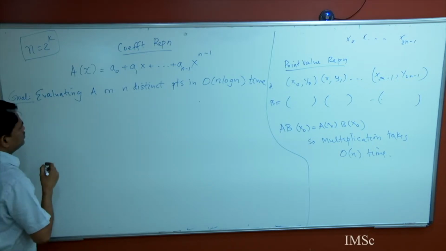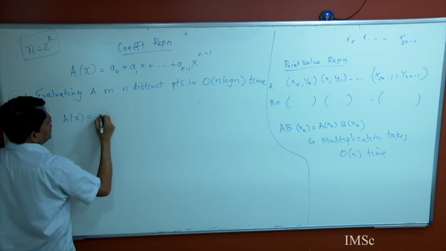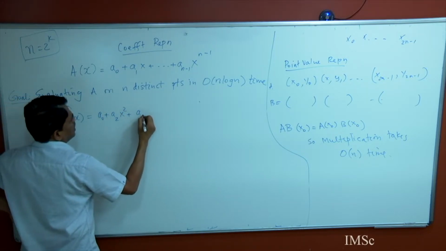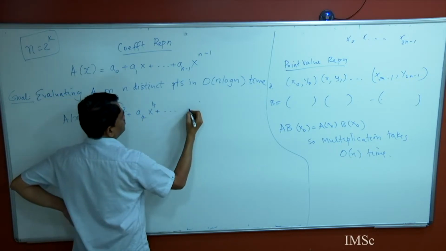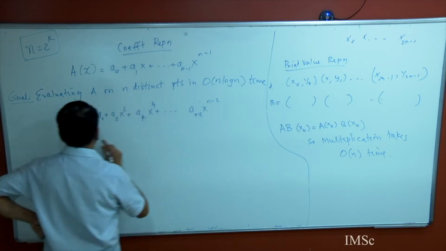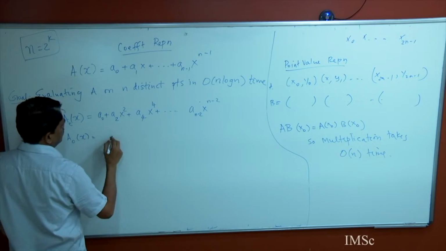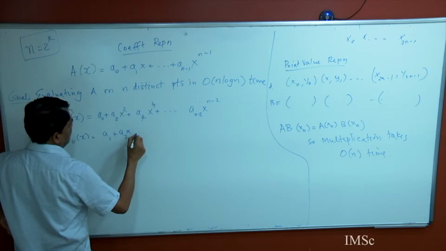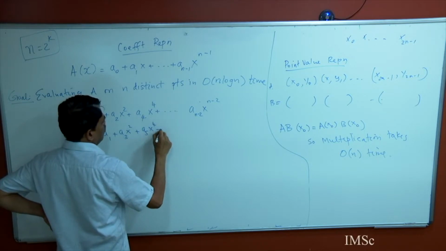So let's write my polynomial like this. Let's take the even terms: a0 plus a2 x square plus a4 x power 4 and so on, up to a n minus 2 x power n minus 2. Let us call this Ae of x. For the odd terms, I am going to write a1 plus a3 x square plus a5 x power 4 and so on.